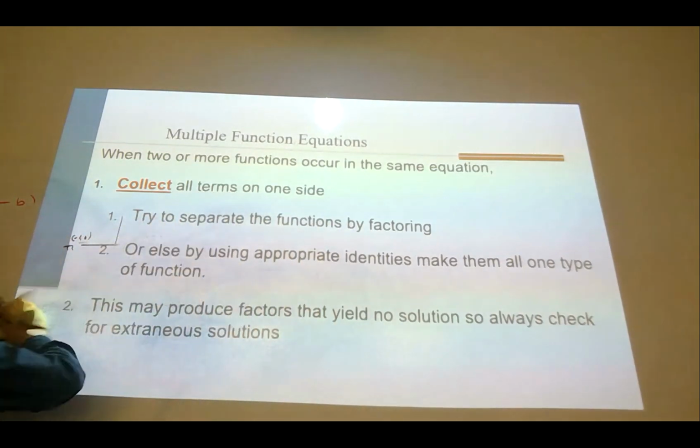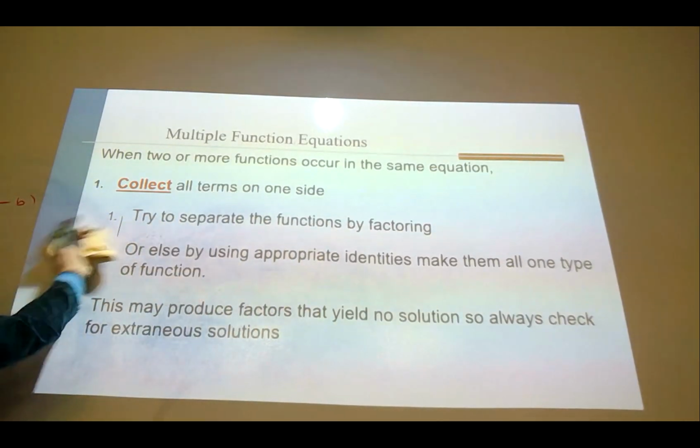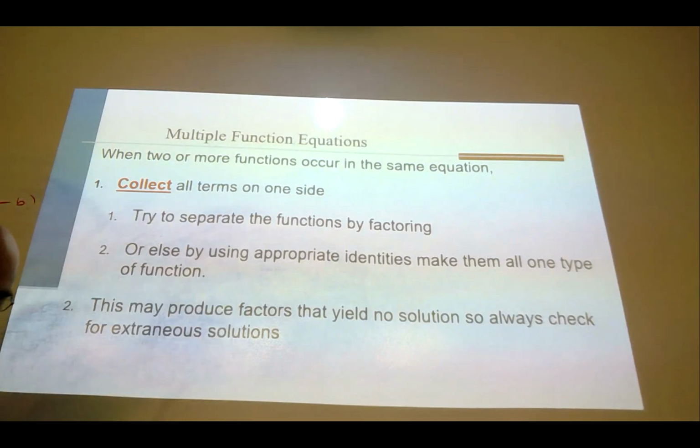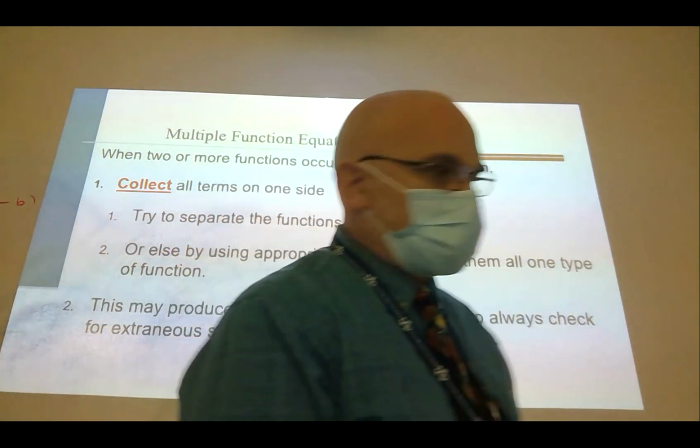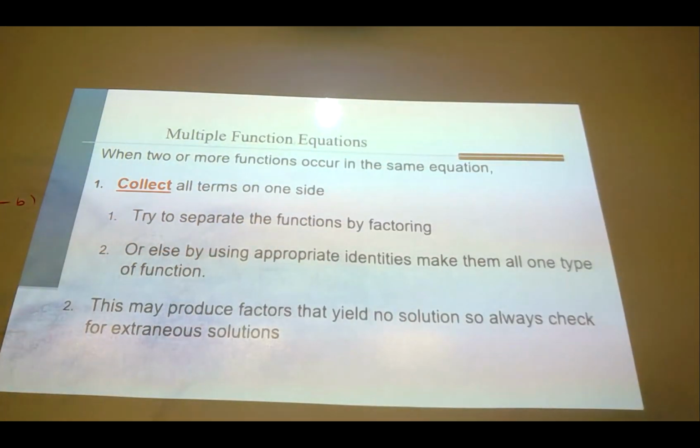There's a couple things we have to remember when we're doing these. Collect all the terms on one side of the equation. Try to separate the functions by factoring or by using the identities we learned to make them all one type of the same function. You want everything in terms of sine or everything in terms of cosine.